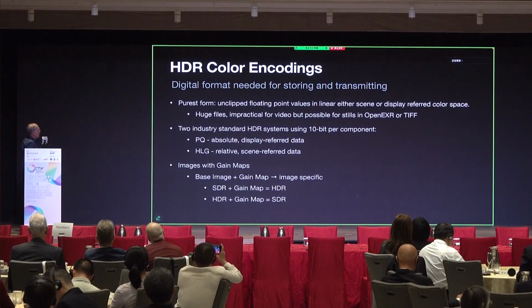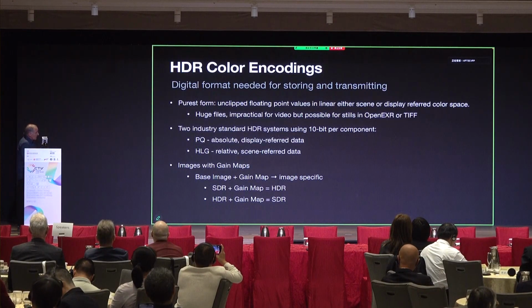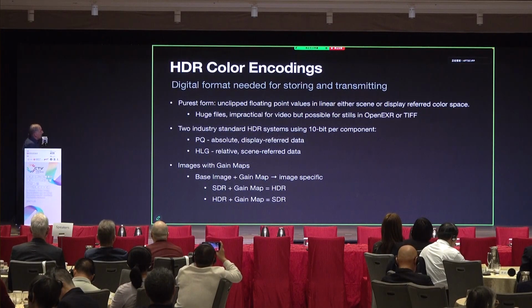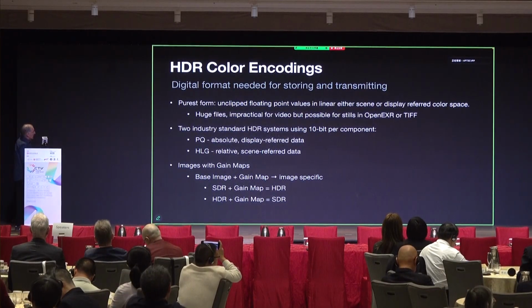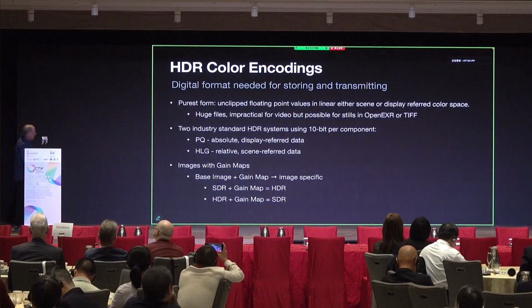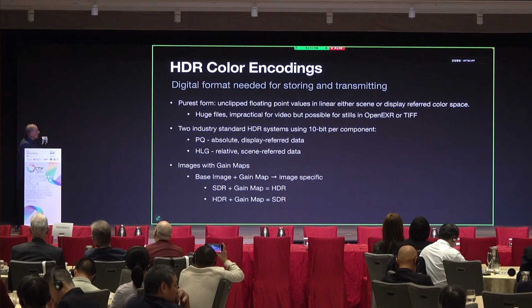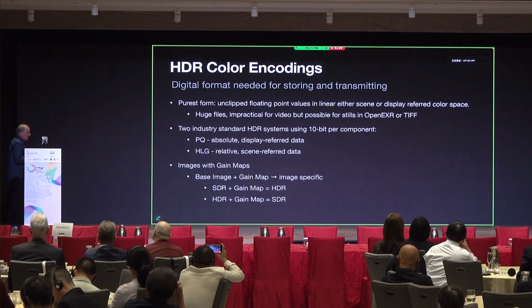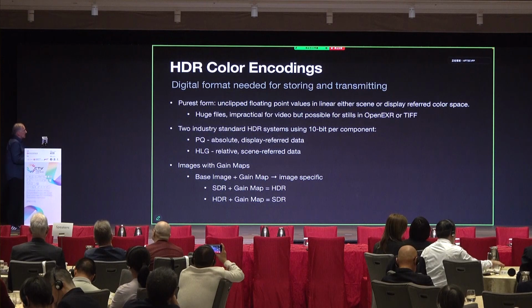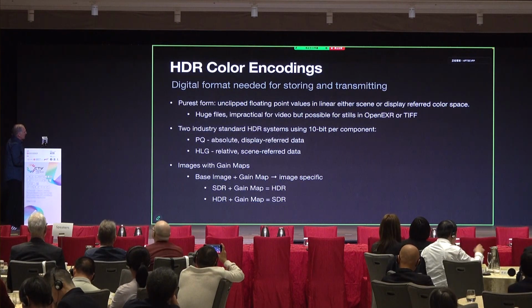As was mentioned here, we now have a concept of color volume, and the data needs to be somehow stored and transmitted. In the purest form, something that Timo mentioned as well, it is unclipped floating point values, which could be specified in either scene or display referred color space. However, this is very impractical.